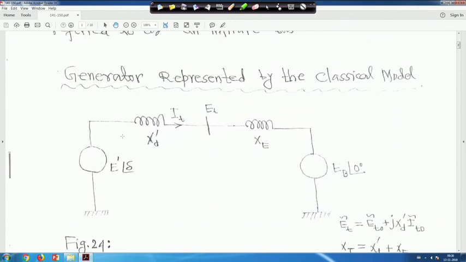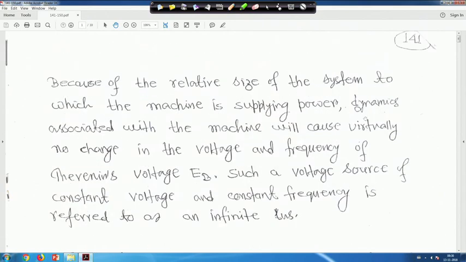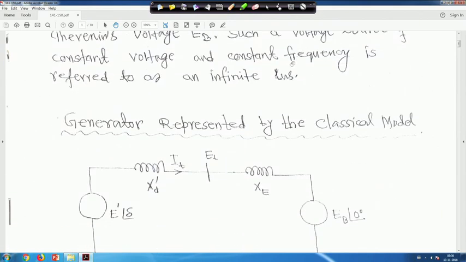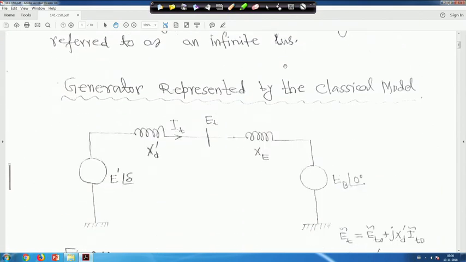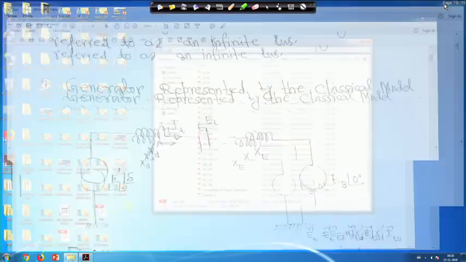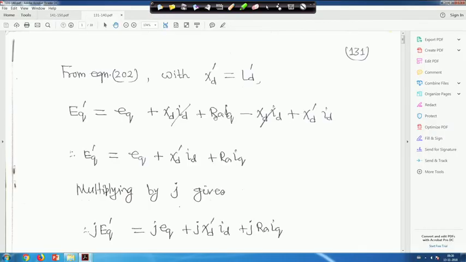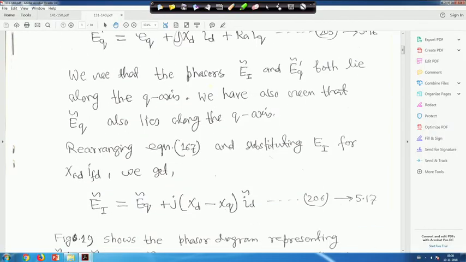Therefore, we can write the same system as E dash tilde, this is x d dash I t, this is E t, this is x c, and this is E b angle 0. That is figure 23b. Let me go back to this figure once again.